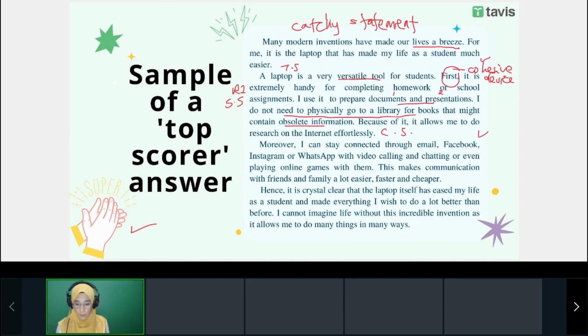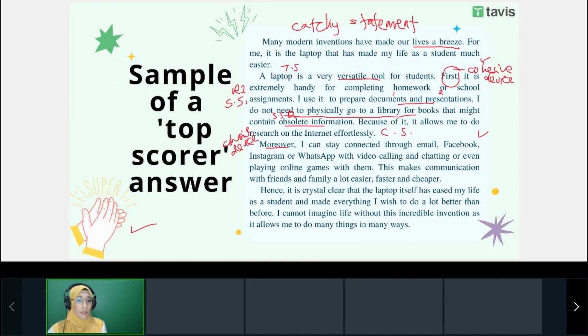Everything from a book you have to read and understand. If it's not the right one, then you've got to find another one, right? So here, good enough. This is another reason, the supporting sentence number two. This is number two, this is number one, right? And again, moreover, another cohesive device. Very good.